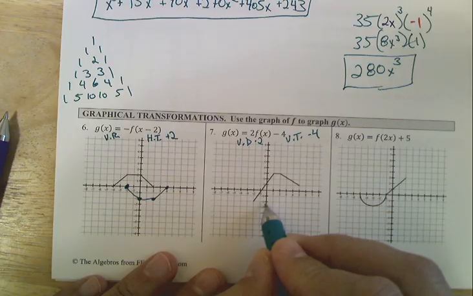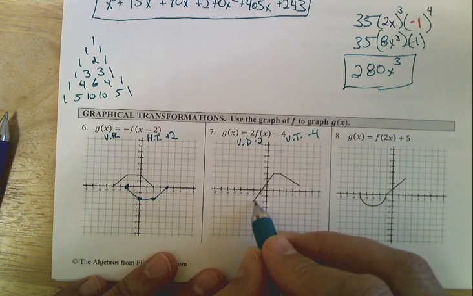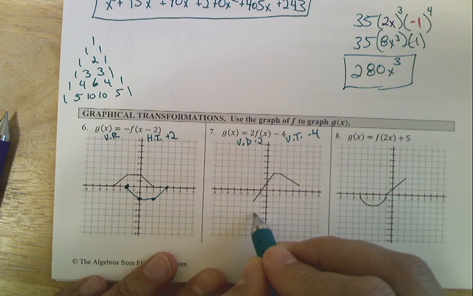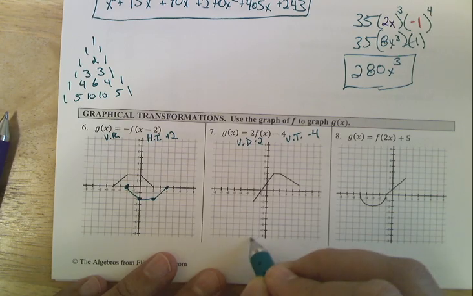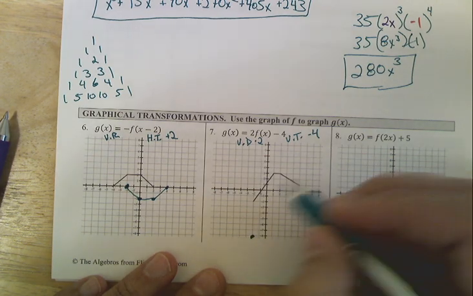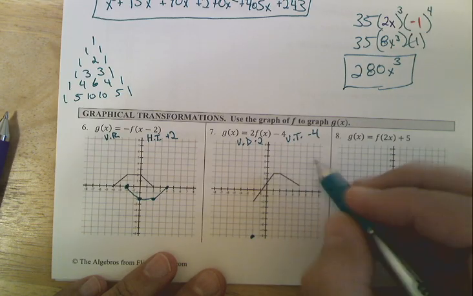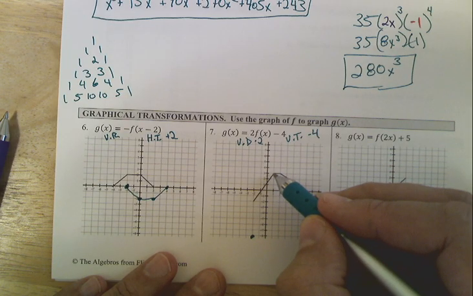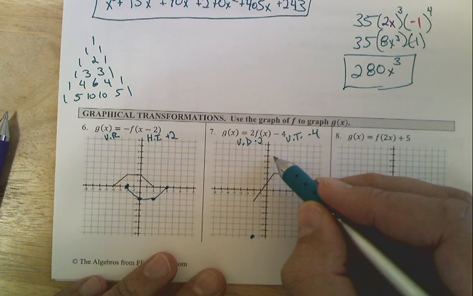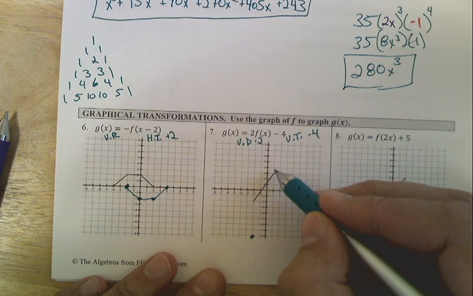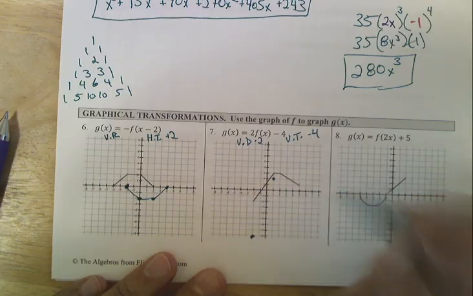So here at negative 2, it's going to multiply by 2, so that becomes negative 4. And then we're going to go down 4 more. 1, 2, 3, 4. So then we'll go right here. 3 times 2 is 6, so we'll go up to 6, and then subtract 4. 1, 2, 3, and 4 to 2.